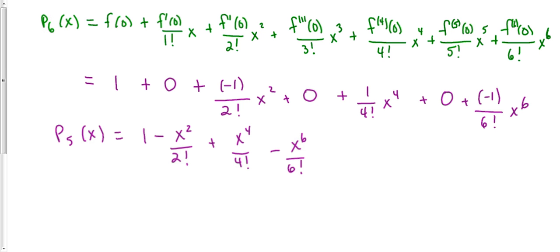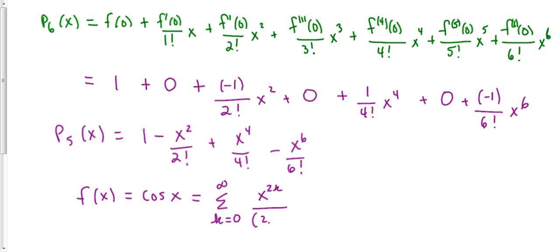And then the last thing we're supposed to find is the Taylor series. And that is going to be the summation as k goes from 0 to infinity. And we're going to have x to the 2k because we only have the even powers.